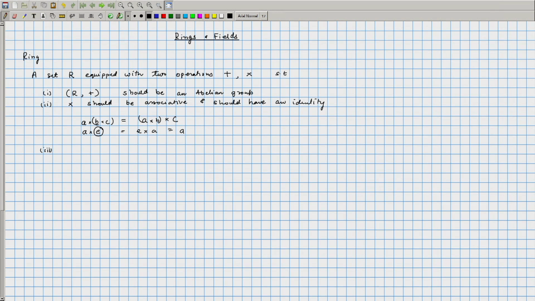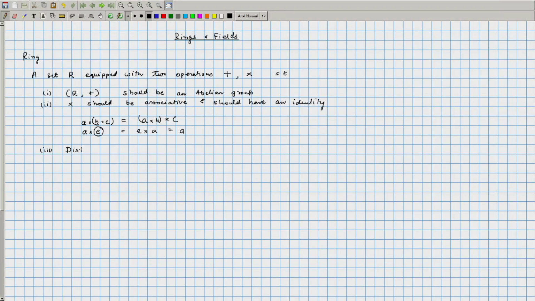Okay. The third property is how these operations interact with each other. So, that is the distributive laws. Namely, if you multiply A with B plus C, the product should be equal to A times B plus A times C for every A, B and C, and if you have A plus B times C, no matter whether you multiply on left or on right, the distributive law holds.